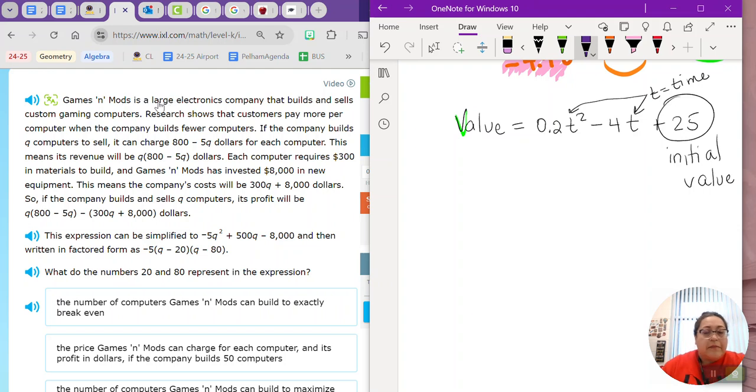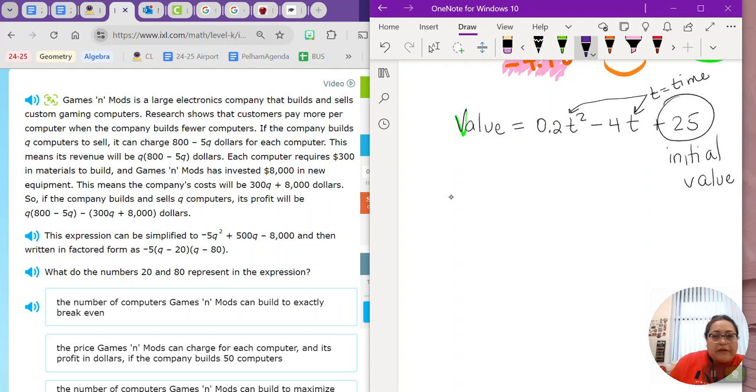Okay, games and mods. A large electronic company builds and sells gaming computers. The research shows customers pay more per computer when the company builds fewer computers, okay? If the company builds Q computers to sell, it charges 800 minus 5Q for each computer.